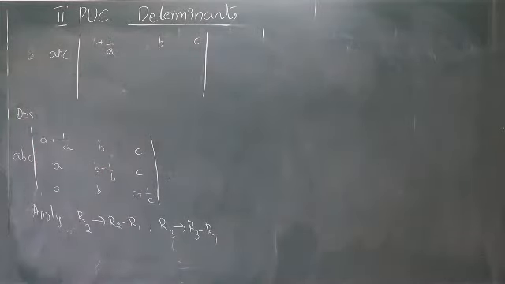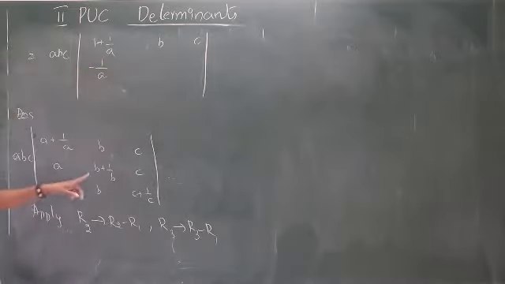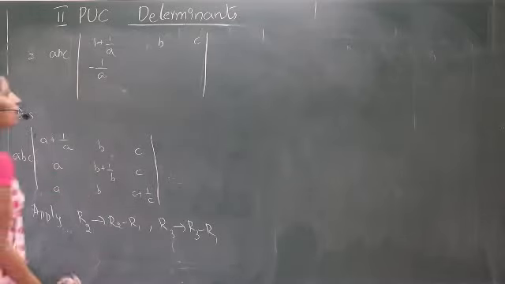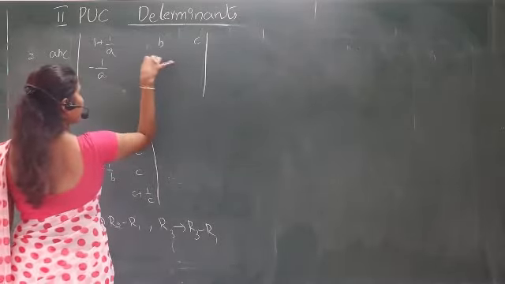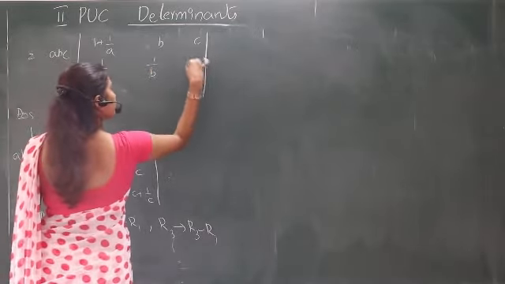Then R2 changes, R2 minus R1. So a minus a is 0, a minus of a plus 1 by a is minus 1 by a, b plus 1 by b minus b will be 1 by b, and c minus c will be 0.